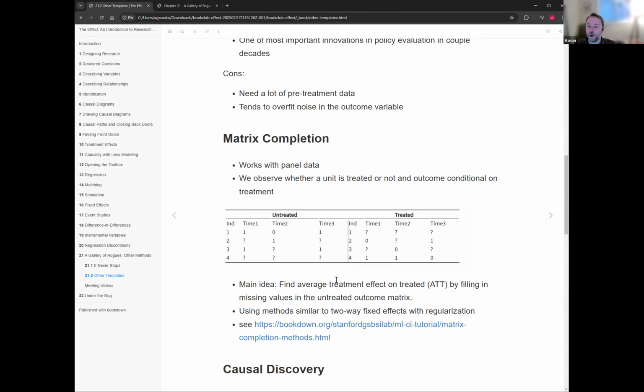Treated would be that you watched Home Alone in a given month, a Macaulay Culkin movie. The untreated group is you did not watch Home Alone. Then what we're measuring for these various time periods, time one, time two, and time three, is did you watch the movie My Girl within that same month, which is another early 90s Macaulay Culkin movie.